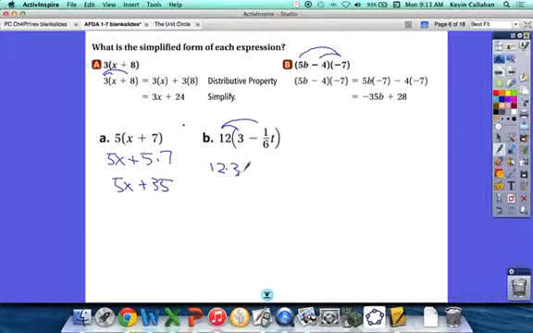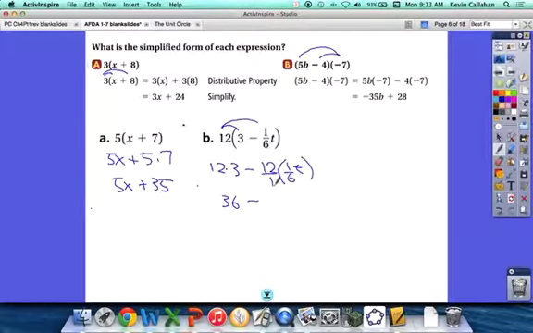12 times 3 minus 12 times 1/16, right? And the 12 times 3, that's one of our multiplication tables. 12 times 3, 36. Okay, now how do we simplify the 12 times 1/16? This is multiplying fractions.